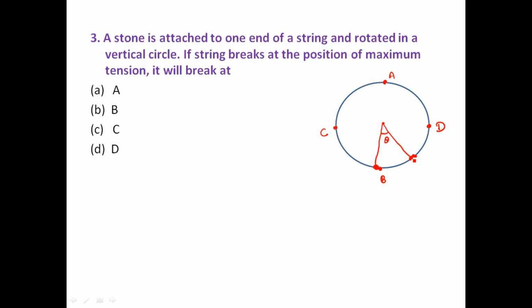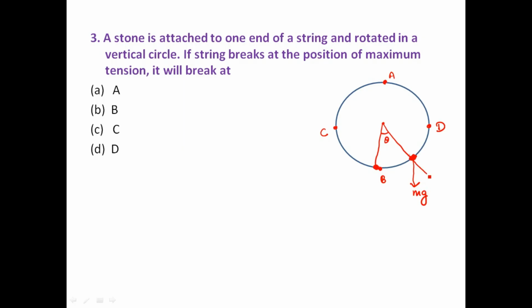What about the weight of the stone? It will be acting vertically downwards, mg, right? There is the force that is acting vertically downwards due to the gravitational force of attraction. Weight of an object is in this direction. The weight mg is resolved into two components.